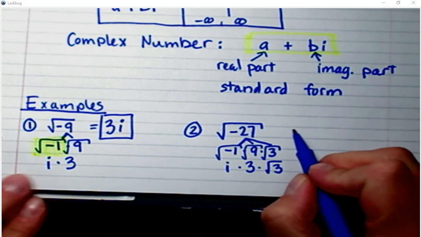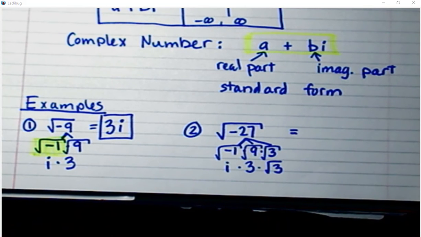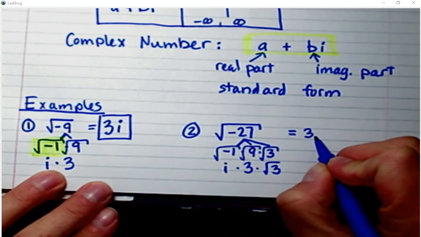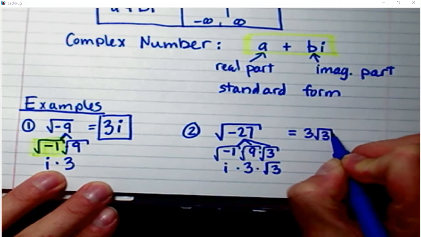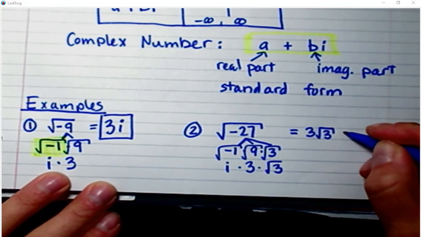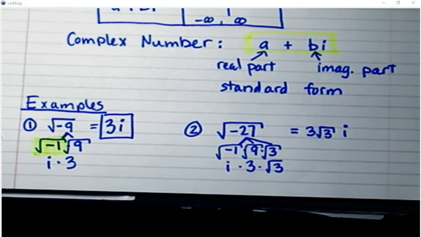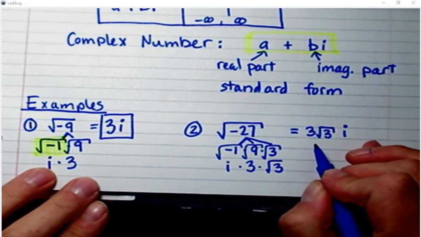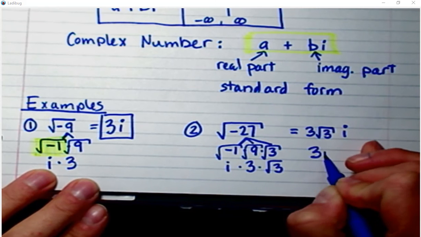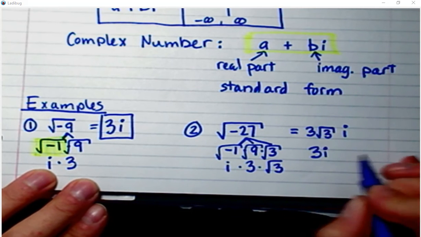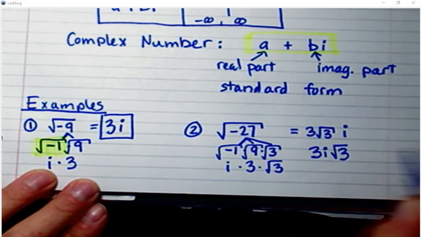Now, the general format, 3 root 3. The number sometimes goes in front of the letter, but be very careful that your i does not slip underneath that radical, okay? A lot of times you'll see this part, and then you'll see the radical written after it.